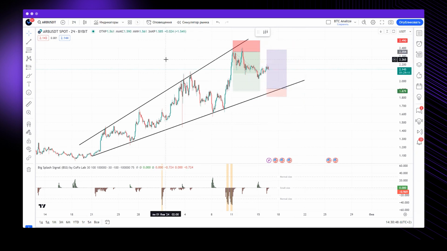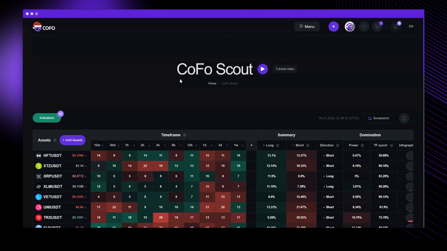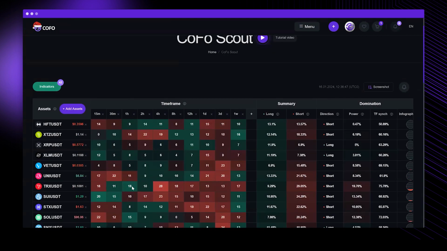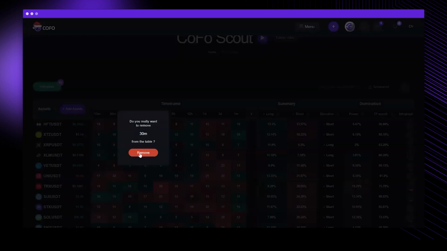And now let's take a look at asset number 5. The fifth asset that we will consider for day trading with the CoFo Scout tool is the TRX asset. Visually we see that a smaller number of time frames are involved in long, a larger number in short, plus some time frames are gaining more and more signals. We need to make a personal setting.